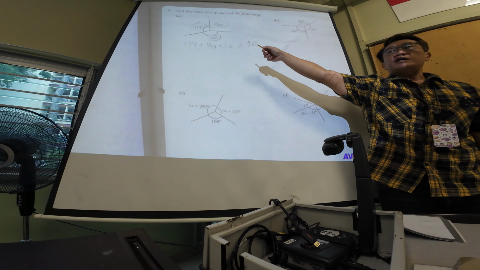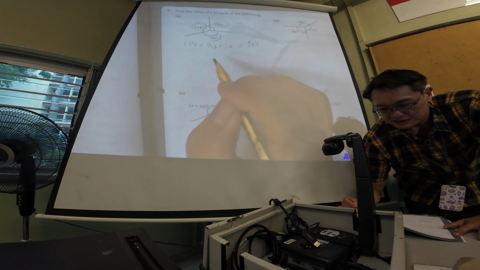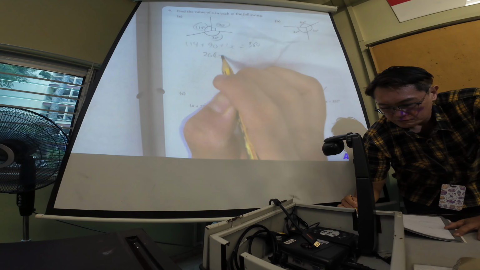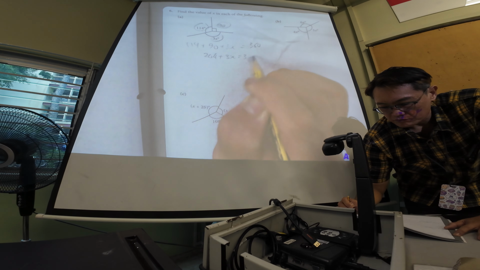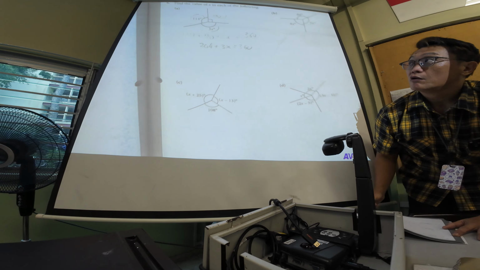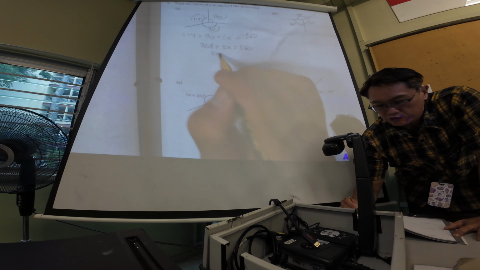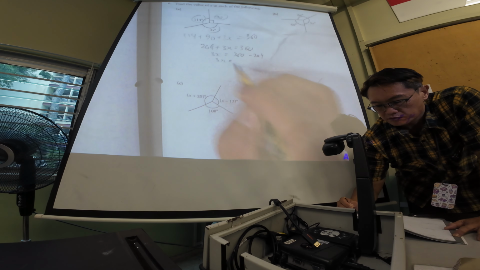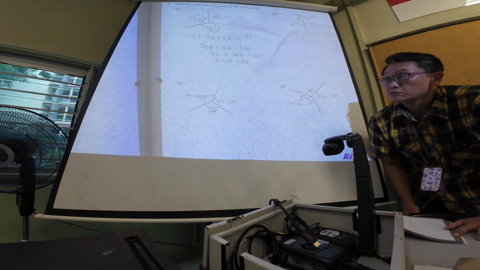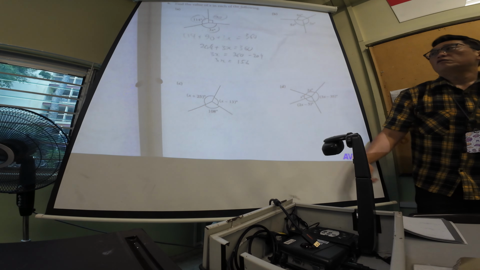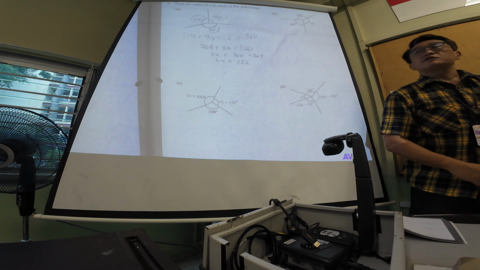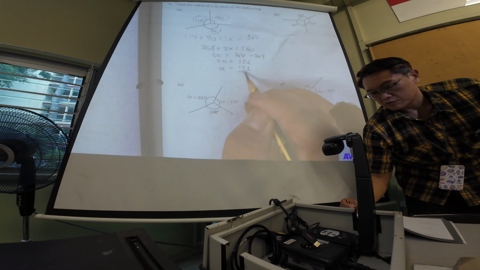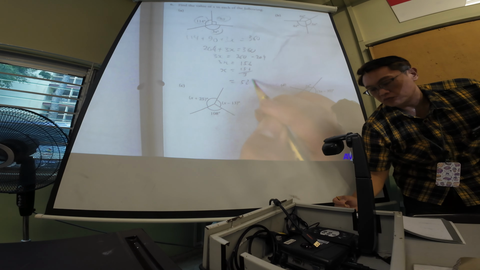Once we have our equation, we continue to make x the subject, put all the numbers on one side, then subtract 204 from both sides. We know 3 times x is 156, but we want 1x, so we divide both sides by 3, we can get 52.